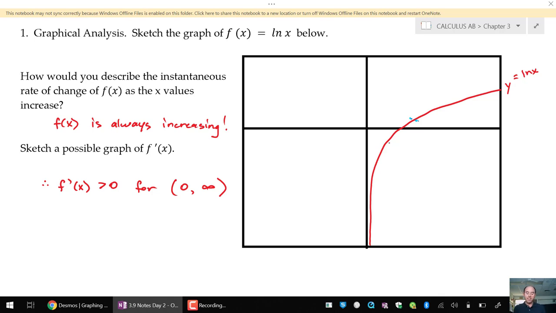So I would maybe say that because f is always increasing, I would expect that the derivative here, f prime of x, would always be positive, since the slopes are always positive. Notice also the domain. The domain of this function only exists for values between 0 and infinity.